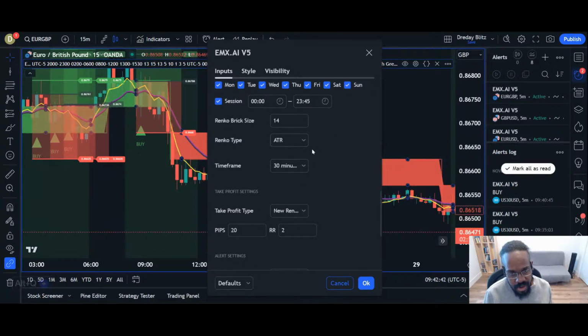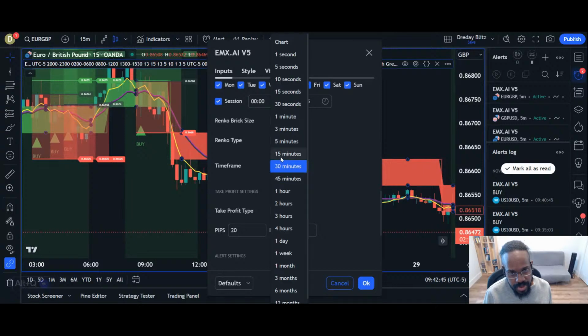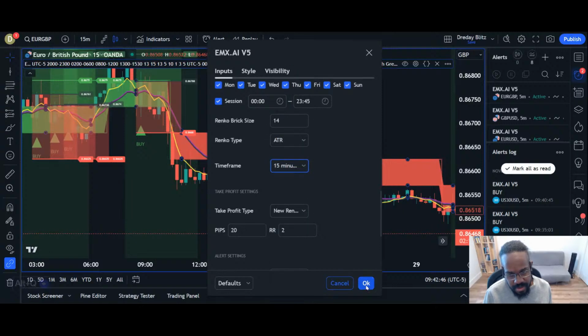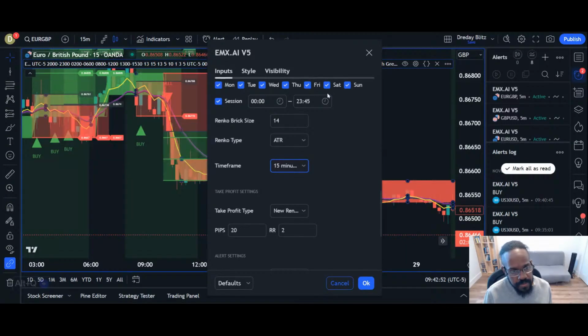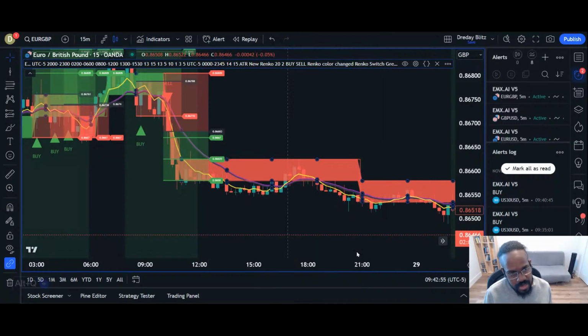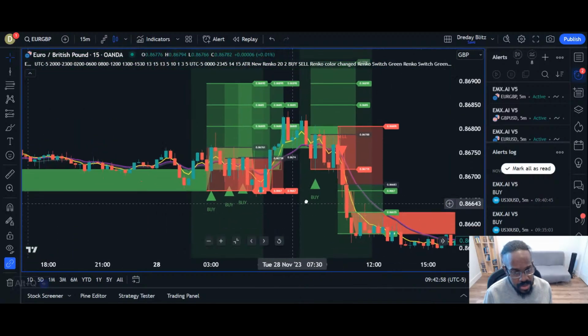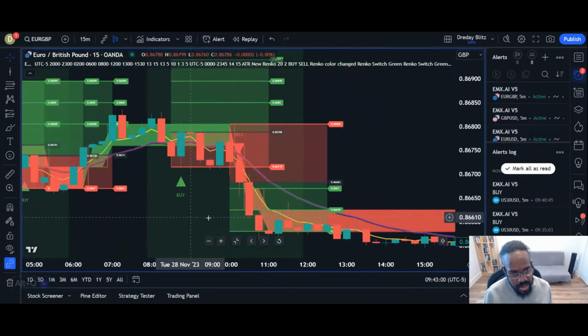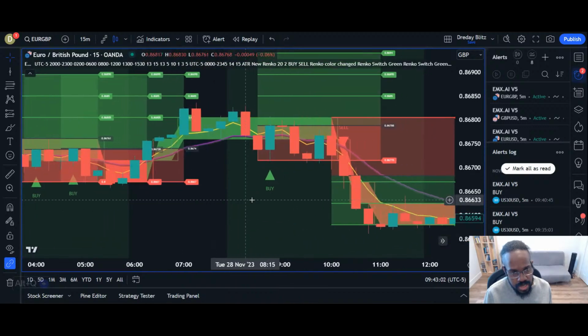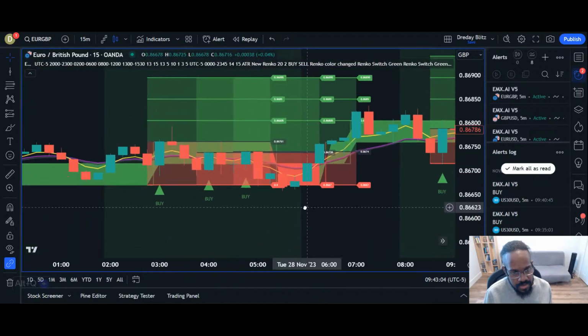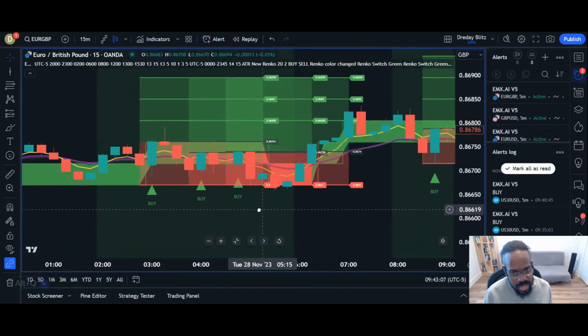So let's say we put it at the 15-minute Renko. There you go, so you see, it's more refined. Depending on how you want to use it, you just have to make sure to adjust the Renkos here.